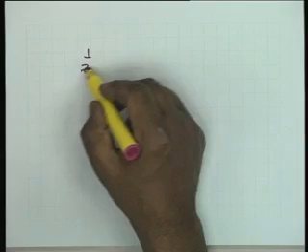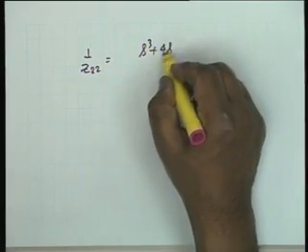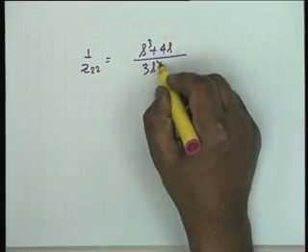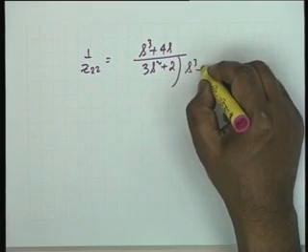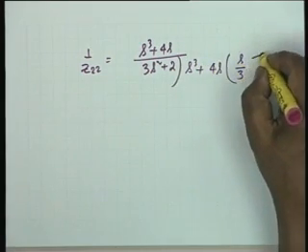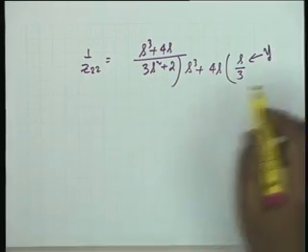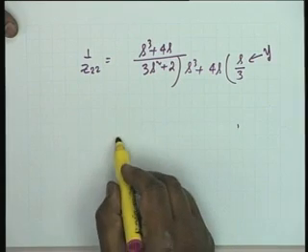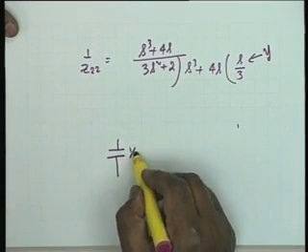Therefore, 1 by Z22, which is equal to (S cubed plus 4S) divided by (3S squared plus 2), we make a continued fraction expansion of this. S cubed plus 4S divided by 3S squared plus 2 gives S by 3. The dimension is an admittance, and therefore the first capacitor would be equal to 1/3.